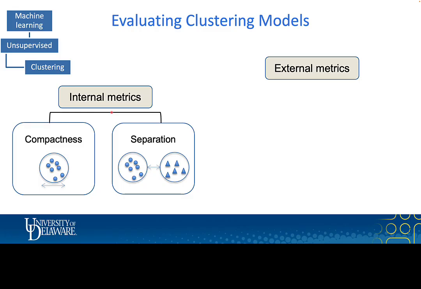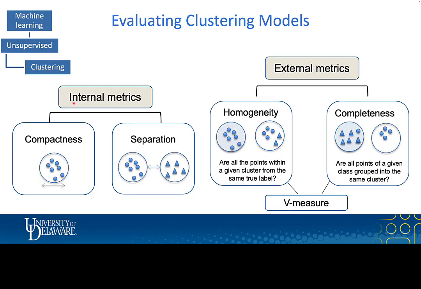On the other hand, the external metrics validate the clustering model when we have some ground truth available as label data. And in that case, we have three general metrics that can be used. One is called homogeneity.